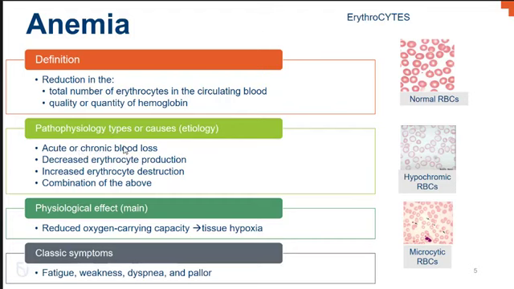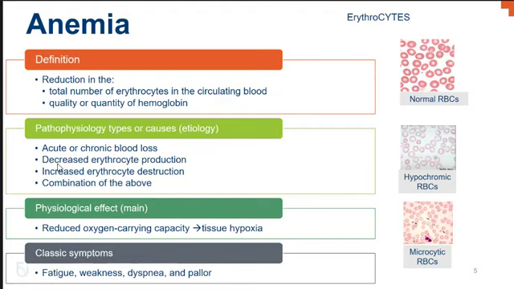Or somebody who has an ulcer that bleeds somewhat frequently over a long period of time can develop chronic blood loss and therefore anemia. In these cases, the total number of erythrocytes in the circulating blood has reduced. Acute blood loss could be that somebody who suddenly starts to hemorrhage can lose a lot of blood during that time and become anemic.